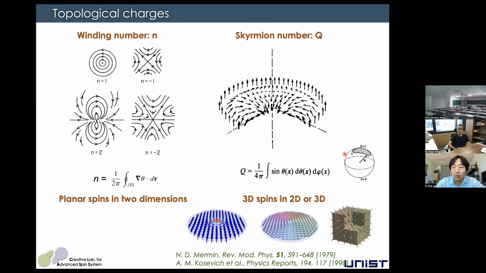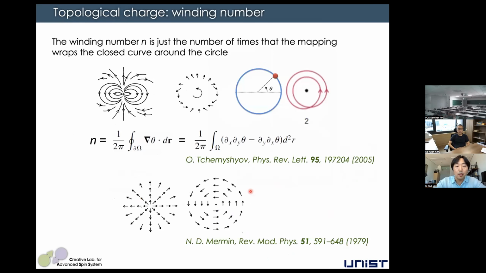Okay, so this is a powerful tool to think about their protections. Before that, I will briefly introduce how to think about the topological charges in the 2D system. Here is a planar spin configuration. If you choose an arbitrary closed loop, like this circle, you can take the spins only on this circle.